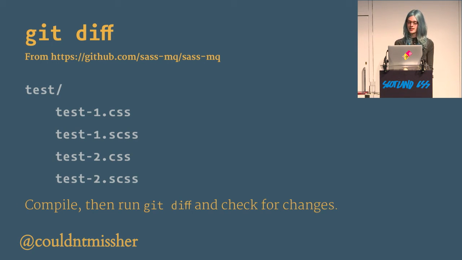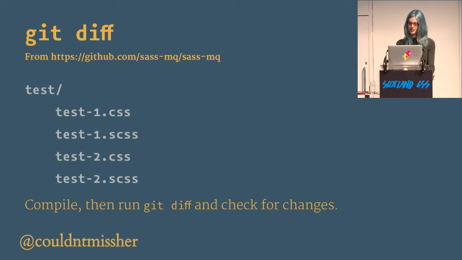And then they said, just run git diff, and you'll see if anything has changed, and if it has, you can go back and fix it. I thought that was really cool, because you don't have to do anything yourself. There's no real complexity to it. But it's a bit of a manual process, having to compile the files and go and do the git diff.